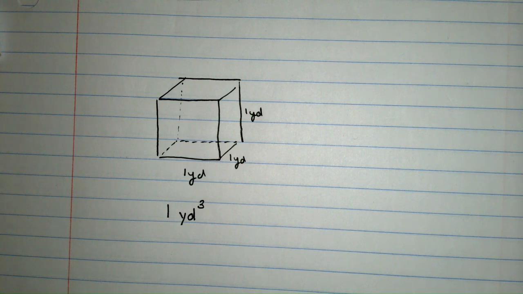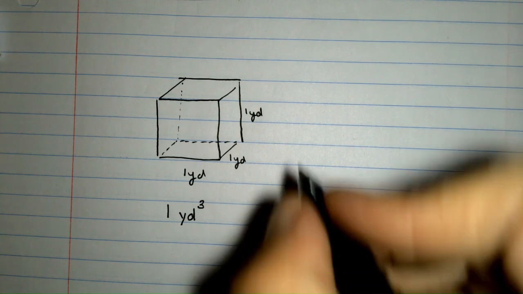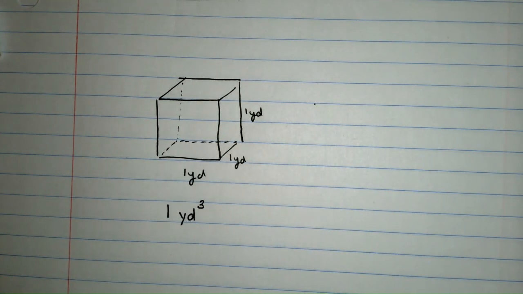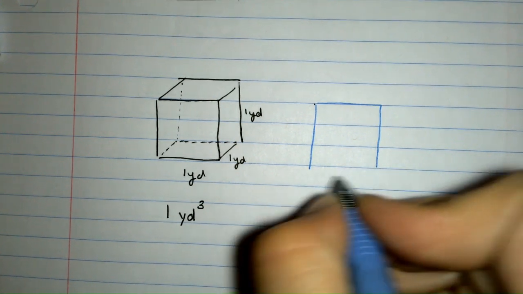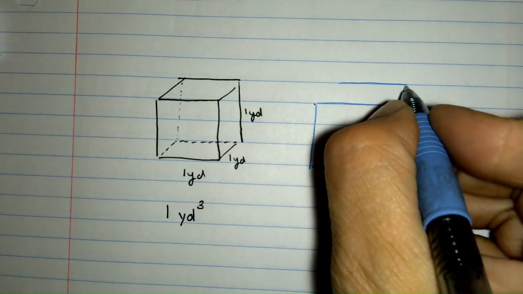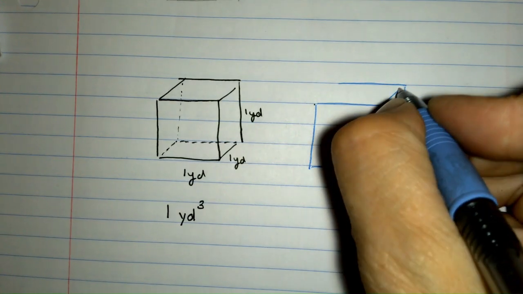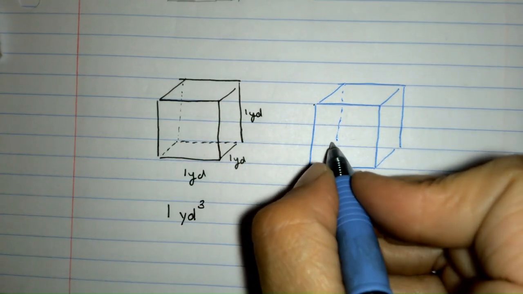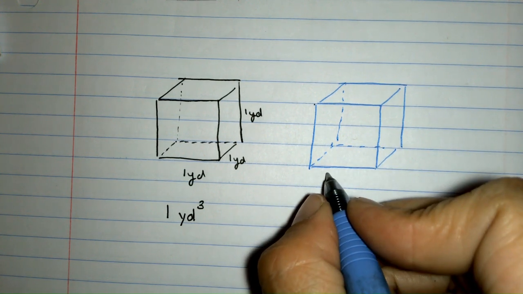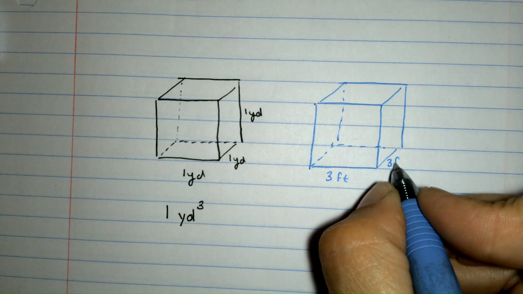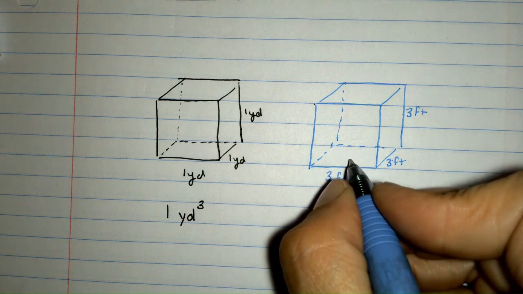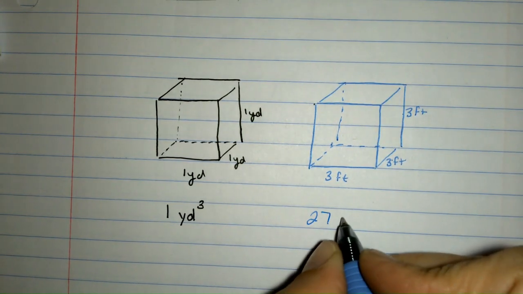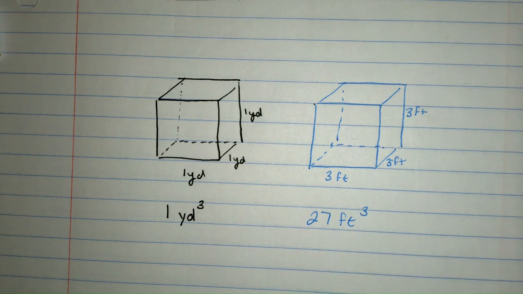How many cubic feet is that? Well, let's think. One yard is 3 foot by 3 foot by 3 foot, and length times width times height, or the area of the base, which is 9, times the height, is 27 cubic feet.